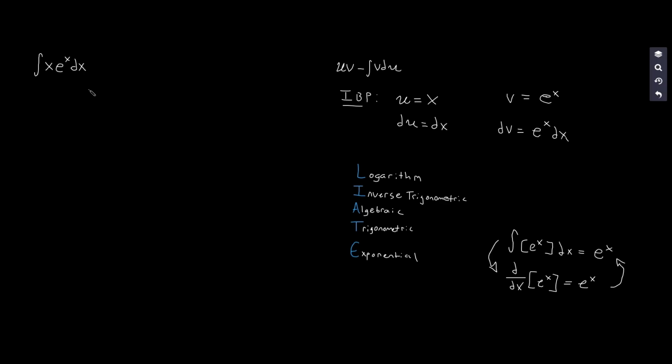And that is ultraviolet super voodoo. So it's literally going to be u, which is in this case x, times v, which is e raised to the power of x, minus the indefinite integral of v, which is e raised to the power of x, times dx.